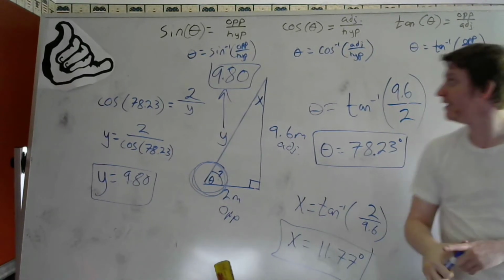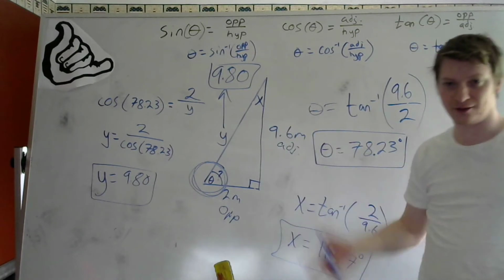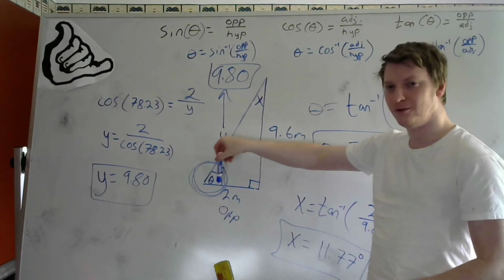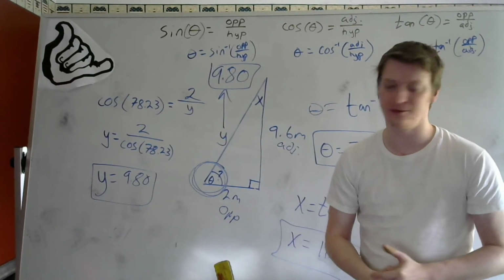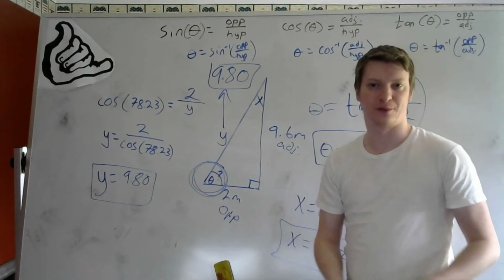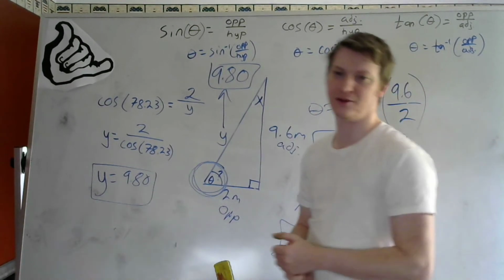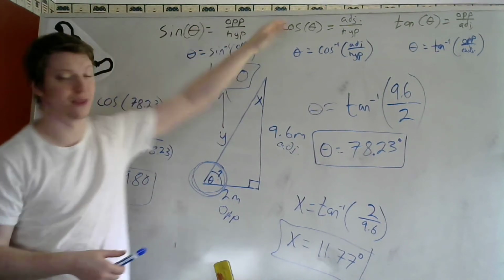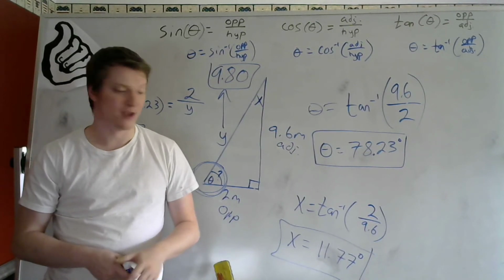So we can use any combination of these, and we can completely solve a triangle. But sometimes it might be a little bit easier once you get that second angle. To get the third angle, remember they've got to add up to 180 degrees to be a triangle. And likewise, when you get two of the sides, you can use the Pythagorean theorem because this is a right triangle. Sometimes those things make it a little bit easier, but you can certainly use trig, these 6 things, to get the job completely done from start to finish.